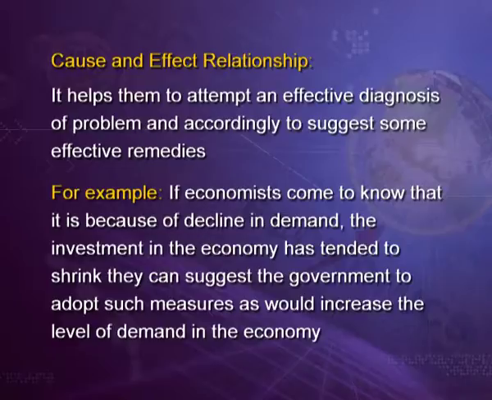They can suggest the government adopt such measures as would increase the level of demand in the economy. So, that means with the help of statistics only, we have tried to find out the root cause of the problem, and after finding it, we are simply giving suggestions to the government that this is the remedy, and by adopting this particular method, the problem can be solved very easily and effectively.